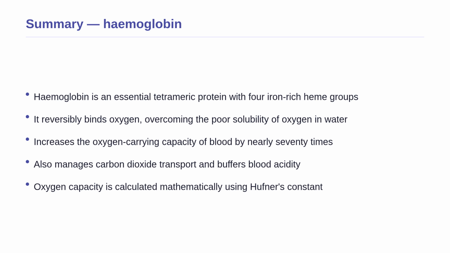Finally, we learned how to mathematically calculate this capacity using Höfner's constant, proving exactly why healthy hemoglobin levels are non-negotiable for human life. You now have a solid, foundational understanding of this incredible life-sustaining system.